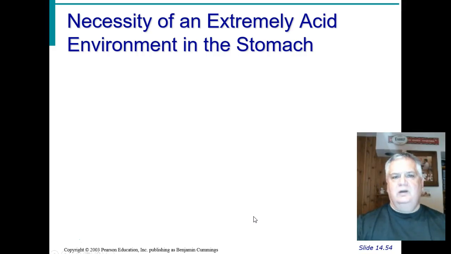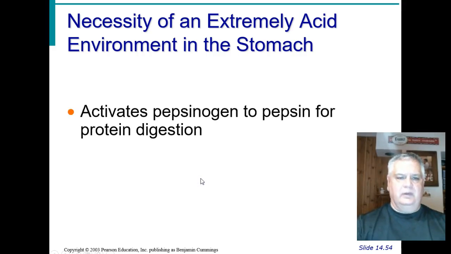So then the food enters the stomach. It begins to get mixed and churned. Remember, there's a lot of hydrochloric acid in the stomach, and this makes the pH of the stomach extremely low. Why does the pH of the stomach have to be extremely low? What's the necessity of an extremely acid environment in the stomach?